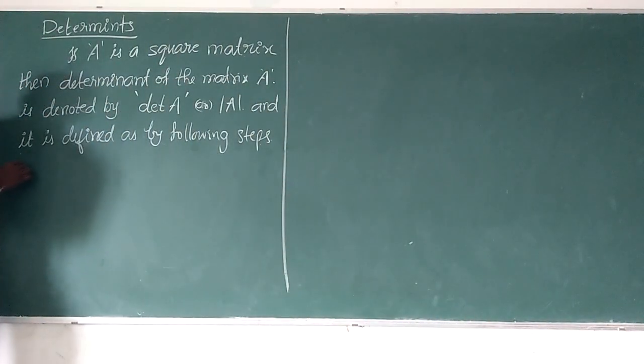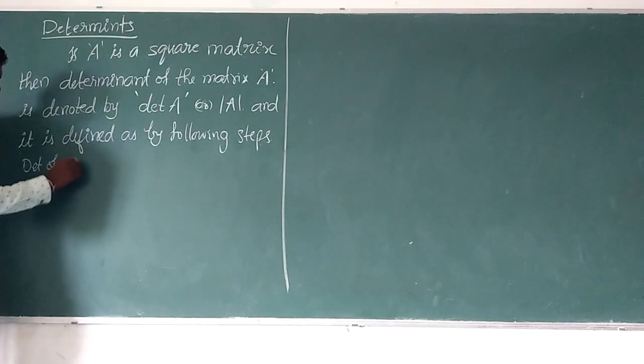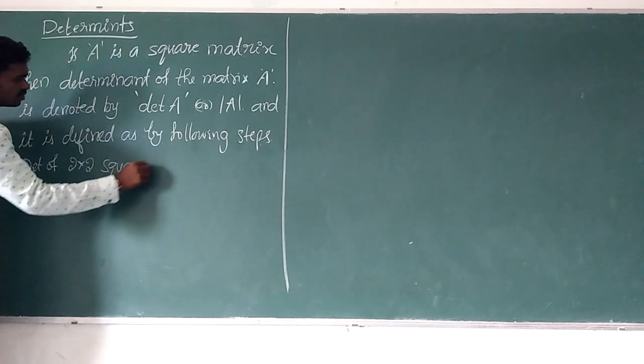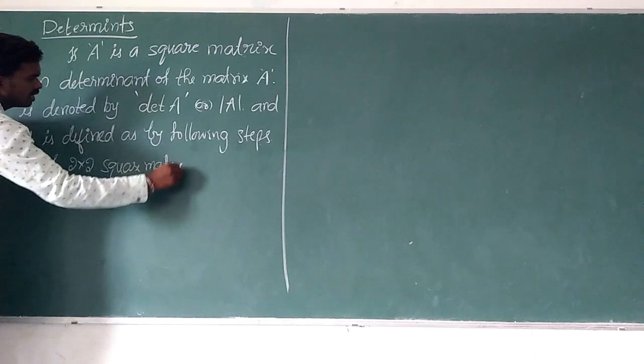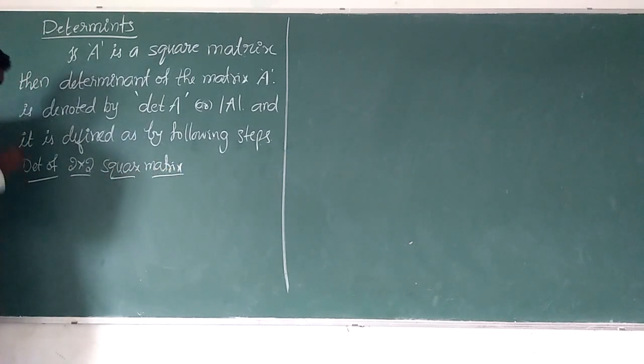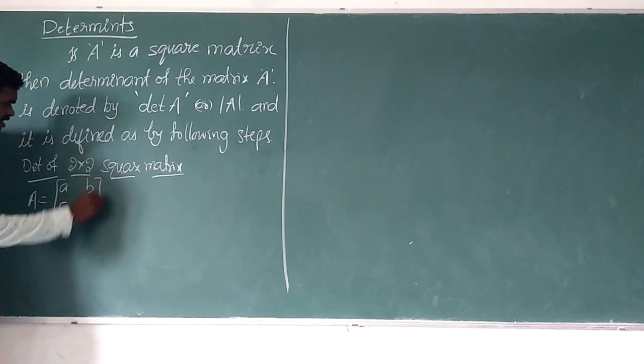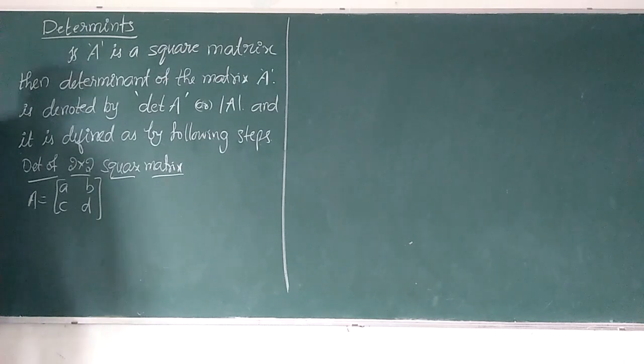First one, determinant of a 2 by 2 square matrix. Let us see how to find it. Very easy, a small trick I will tell you. For example, let matrix A equal [A, B; C, D].